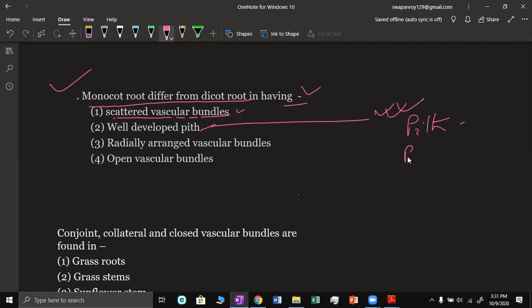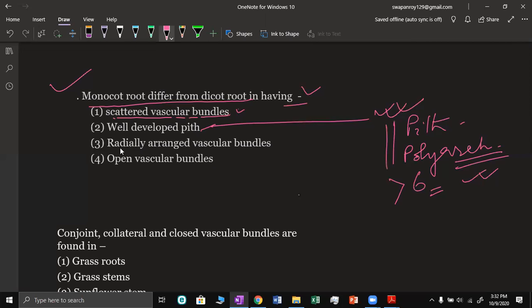Then polyarch condition, that is xylem and phloem bundles greater than 6. Mainly these two give the difference between the dicot root and monocot root.